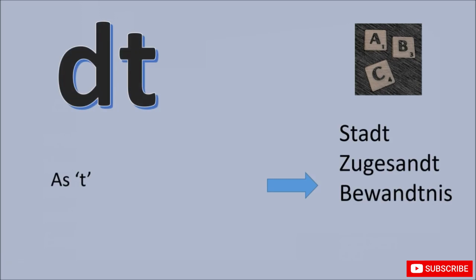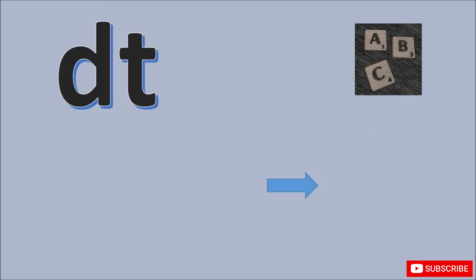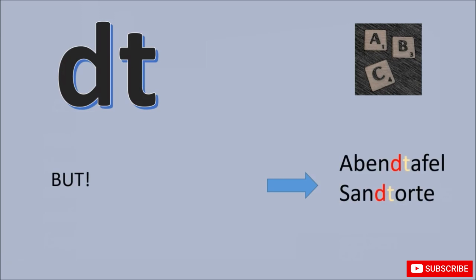Sometimes you see words with a DT, and that's always pronounced like a T. So Stadt, zugesandt, Bewandtnis. But sometimes you find a DT inside a word, but it only happened because it's a compound word, consisting of two words where the first one ends in a D and the second one just happens to start with a T. In that case, they do get pronounced separately.